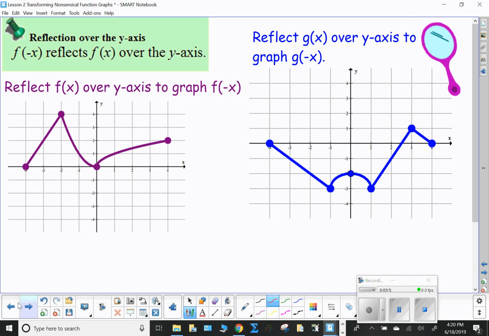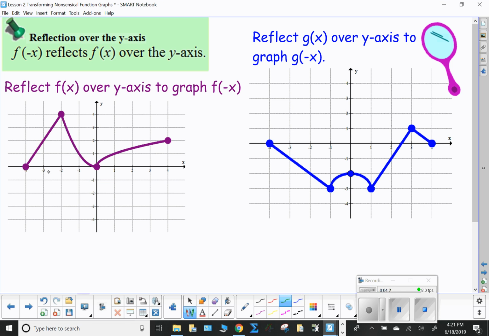Next up is reflecting over the y-axis. This is on the inside. When we do something inside the parentheses, or inside the grouping symbols later, we're going to affect the horizontal positioning of the graph. So again, this time if you're on the y-axis, you stay on the y-axis. If you are on the left, you move to the right. If it's on the right, it moves to the left. Very, very simple.